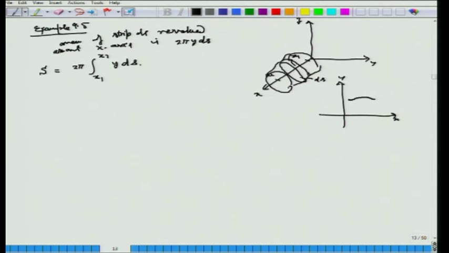This curve has this ds element here and this is the y distance here. So, this gets rotated like this.